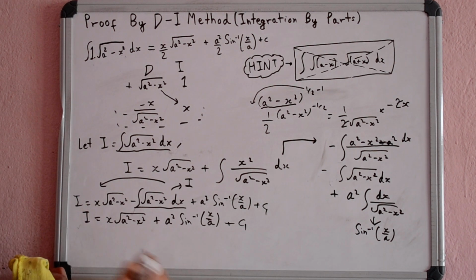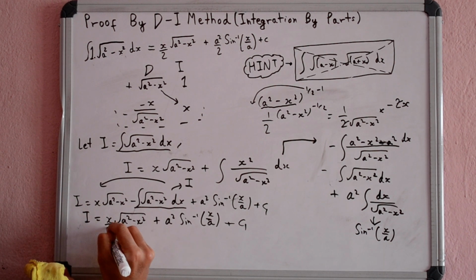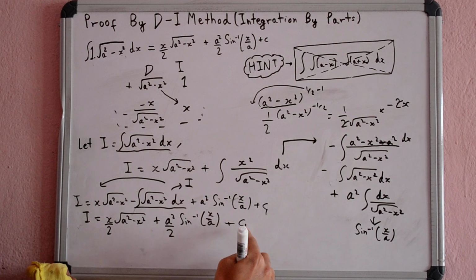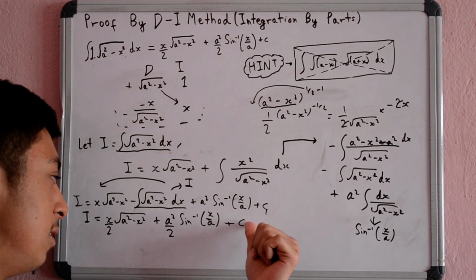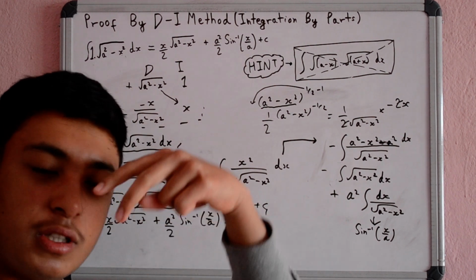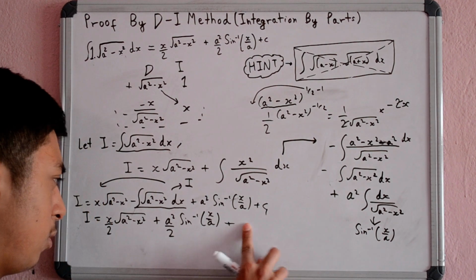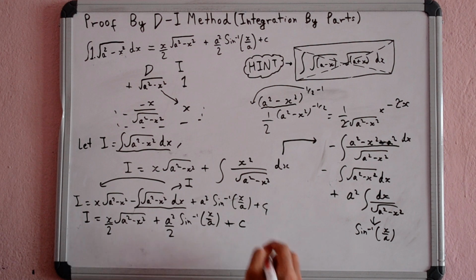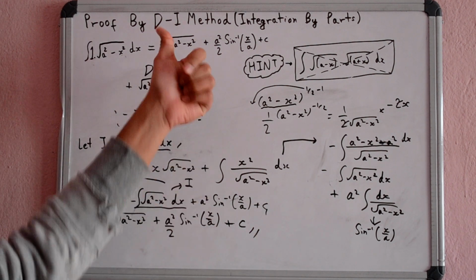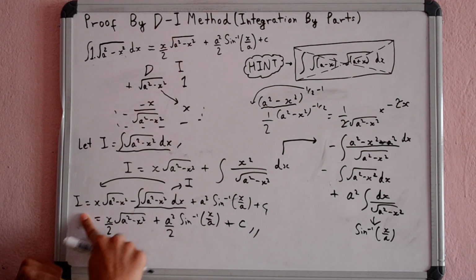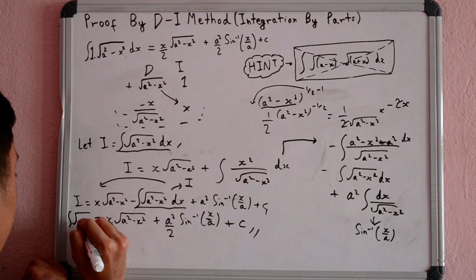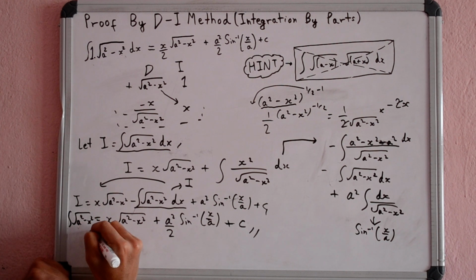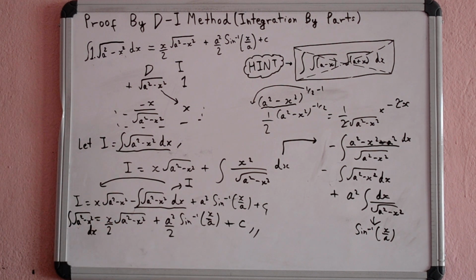Simply we can just divide everything by 2, so this becomes I, and here we have a constant divided by 2, and that is just another constant, let's say plus c. And here we have proven the standard formula, because I is just the integration of root a square minus x square dx. So that is it.